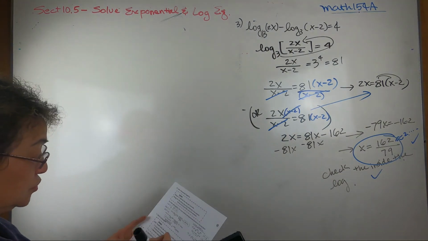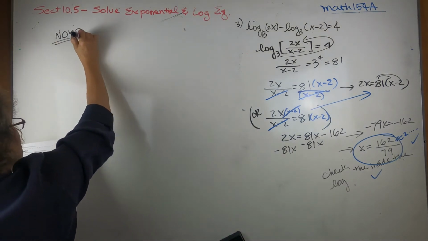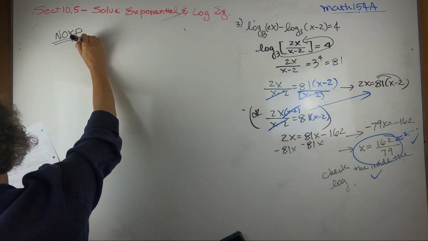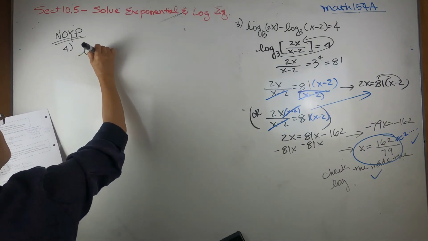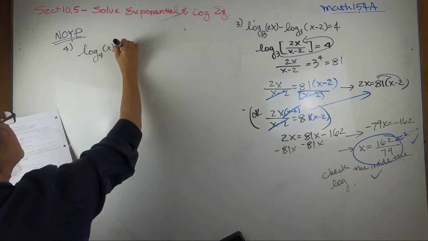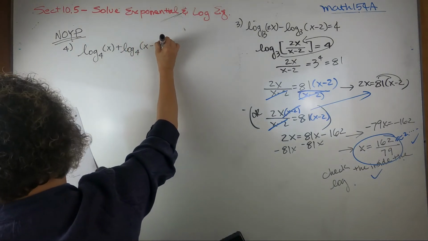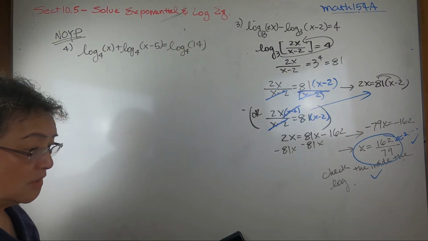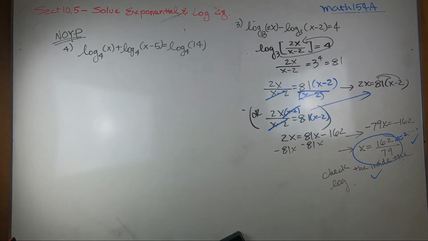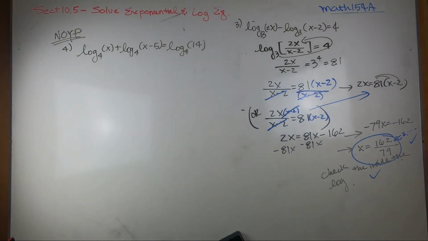So that's the approach. However, let's see something else. This one is not on your paper. If we have a situation like this, log 4x plus log of 4x minus 5 equals log 4 of 14. What happened? One side is not a number. What kind of approach should you use?